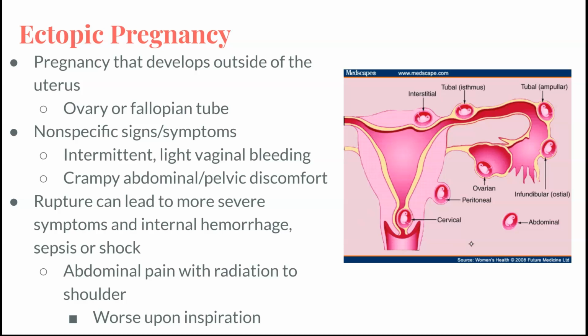Okay, a rupture can lead to referred pain as well, usually up into the shoulder, and worse upon inspiration. Remember we talked about that acute abdomen, right? So if you bump into somebody on the stretcher and they're screaming in pain way more than you would anticipate, you might see an acute abdomen like that in an ectopic pregnancy.